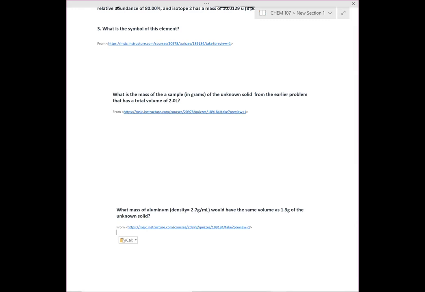So then, given that our sample density is 9.04 gram per mil, we're asked to go from a volume of 2.0 liters to the mass of our sample in grams. So I'm going to convert my volume into milliliters and then use my density to convert to grams.